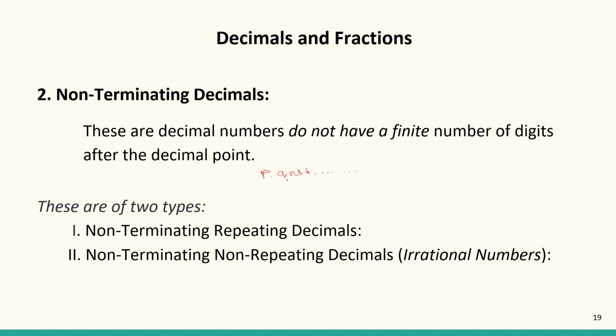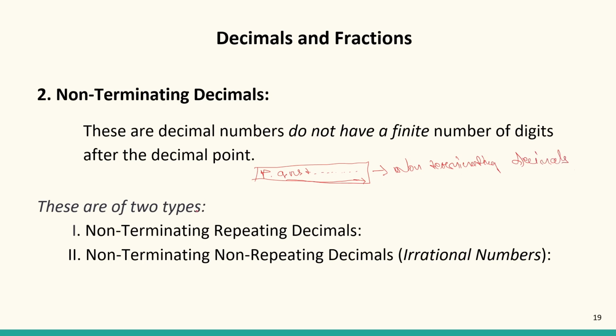We can't have a finite number of digits here. The digits are just going on and on. So these kinds of numbers are called non-terminating decimals.